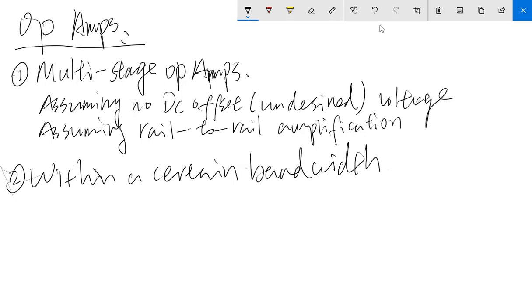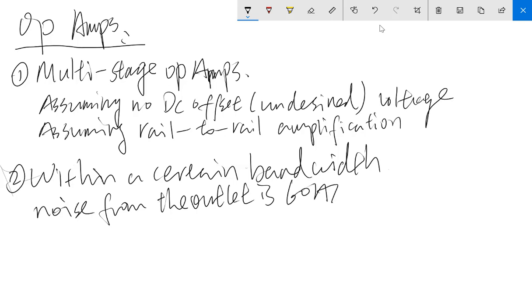For example, the noise from the outlet is 60 Hertz, right? So you want to remove this signal. That's the first thing you need to remove. And the second thing you want to remove is the DC offset from the sensor.